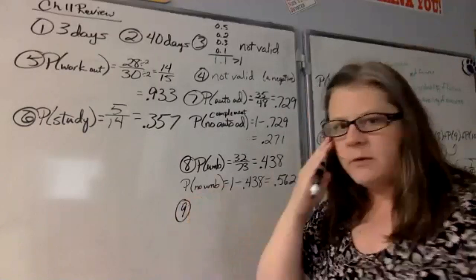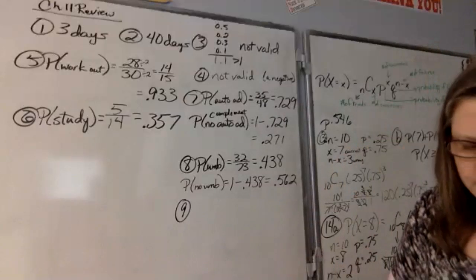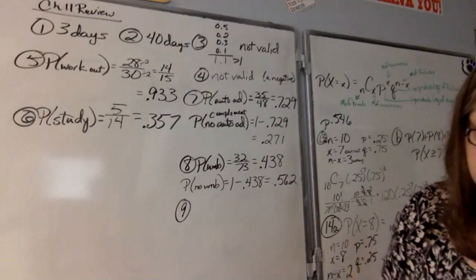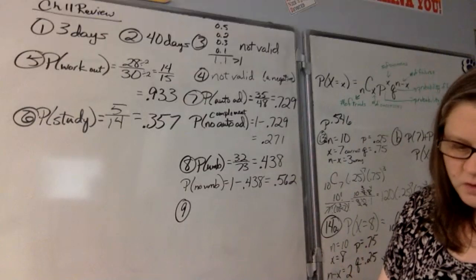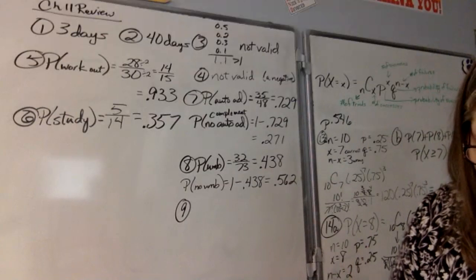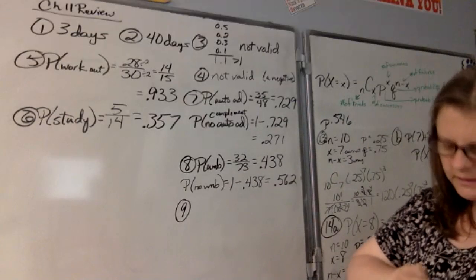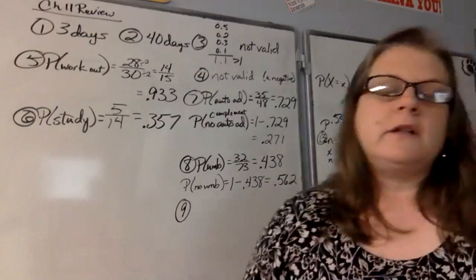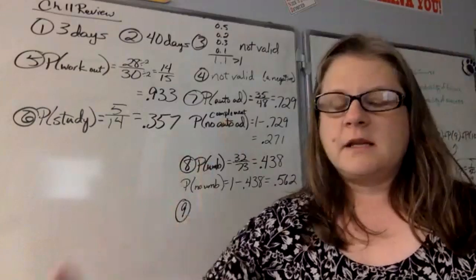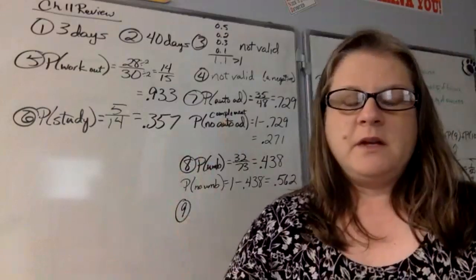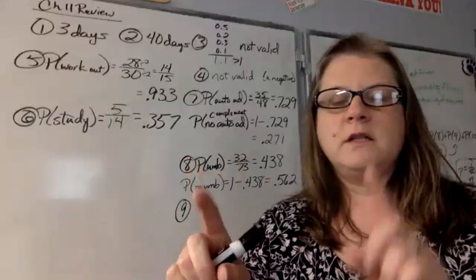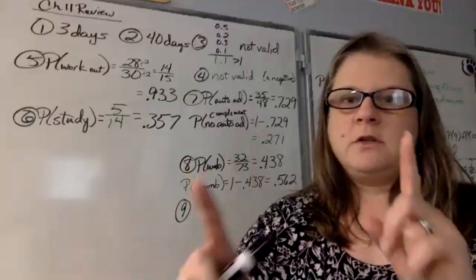Number 9, we'll just keep going down this side. Number 9 says find each compound probability. State whether the events are mutually exclusive or not mutually exclusive. Round each answer to 3 decimal places if necessary. Mutually exclusive, remember, means that one is completely separate from the other. So the chances of picking a red marker or a green marker are 2 totally separate things.